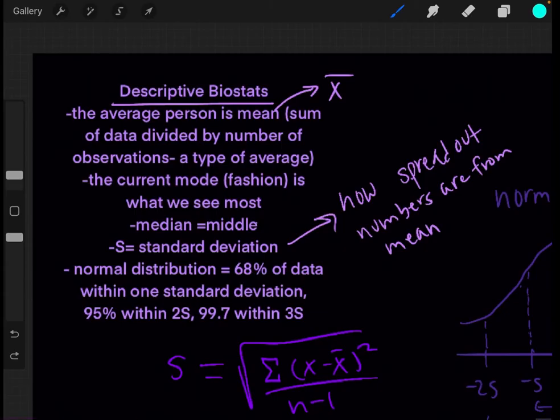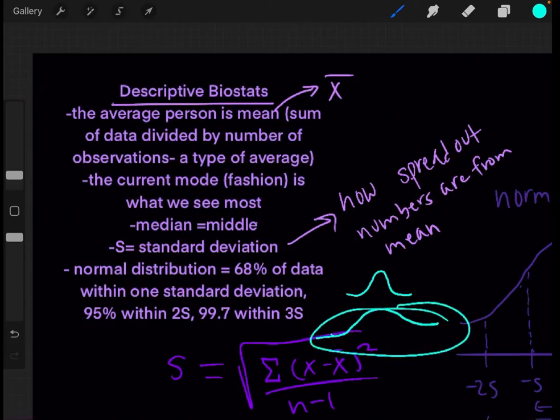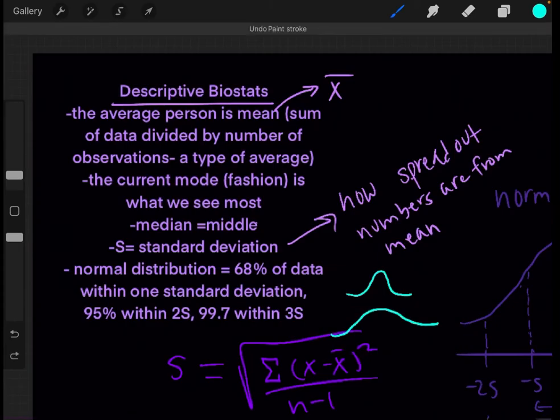So if we were to graph our data and it were to look something like this, and let's say we have another data set and if we were to graph it, it would look something like this. Sorry, that's kind of bad. This would have this data set right here, since the graph is more spread out. This would have a higher standard deviation because it means that our data is more spread out.